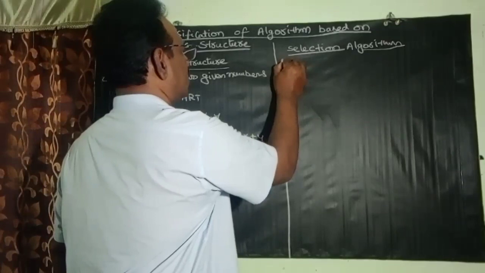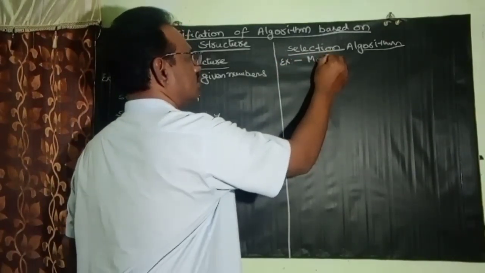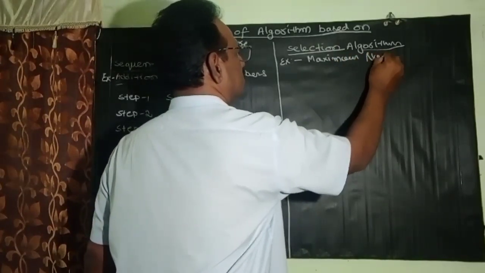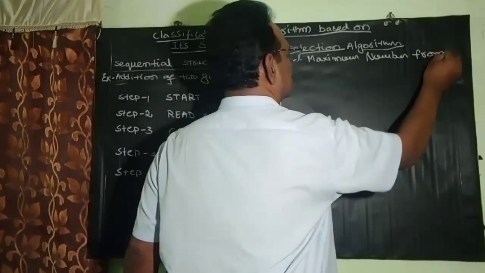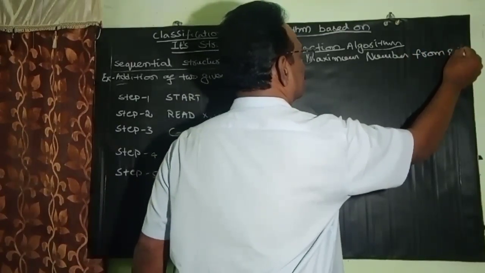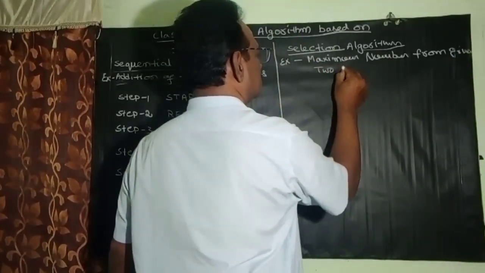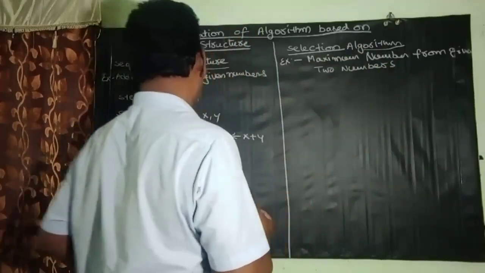So example, finding the maximum number from given two numbers. Here also the program is same.